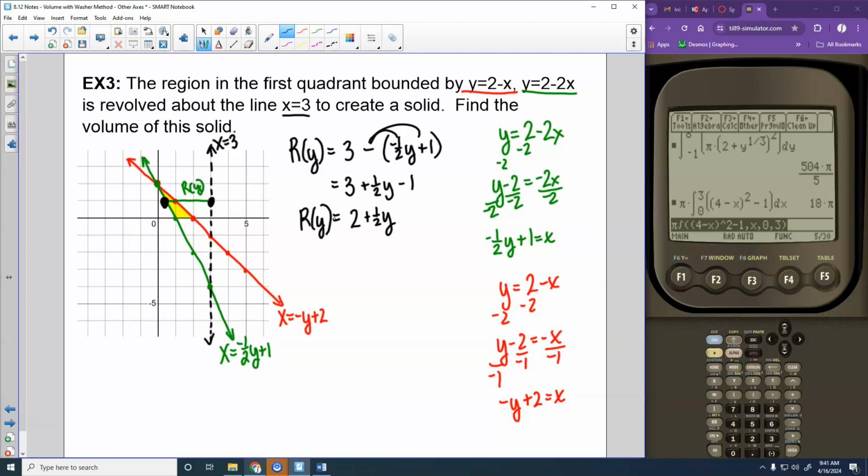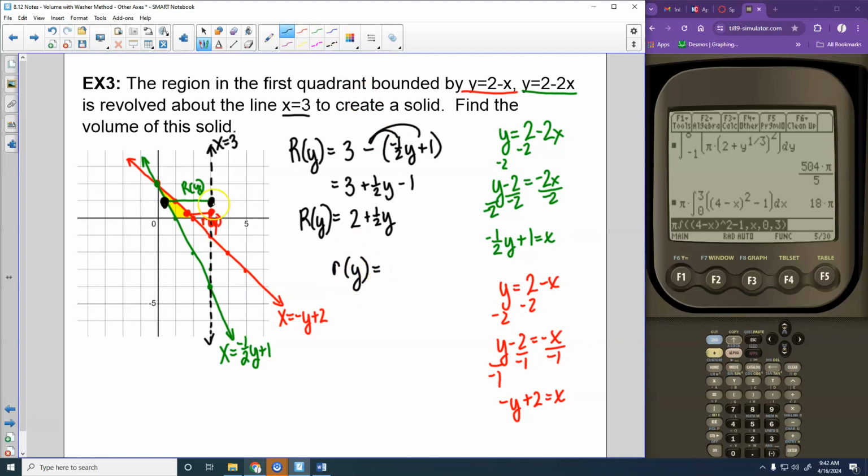Okay. For our lowercase r, because this will have a hole in the middle of it, right? If it's going to have a hole in the middle of it whenever you rotate it, it's going to have a lowercase r. If it has no hole, it has no lowercase r. So for our lowercase r, that is from our axis of rotation to the graph that's closest. So to set up our lowercase, no, not x, what should I have? Y. All right, lowercase r of y.